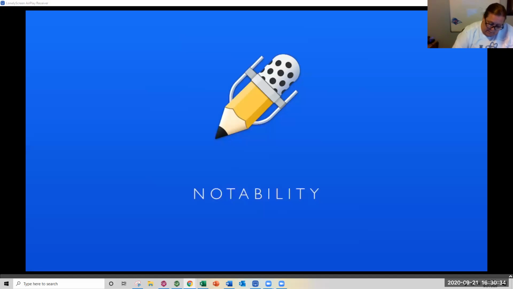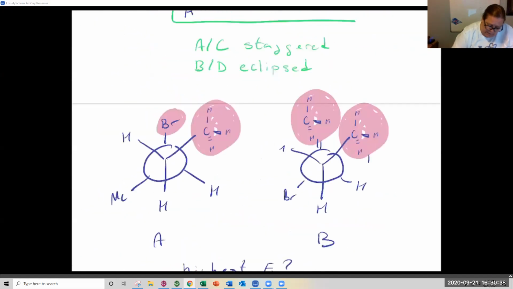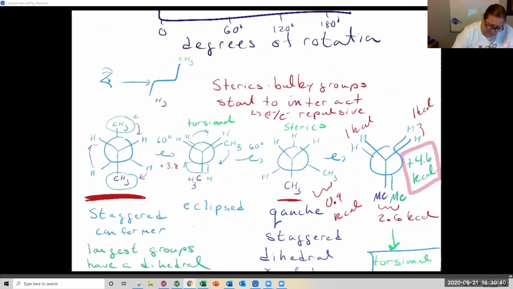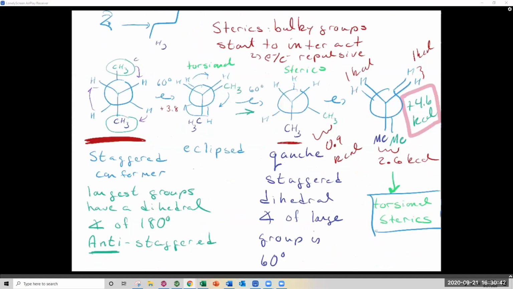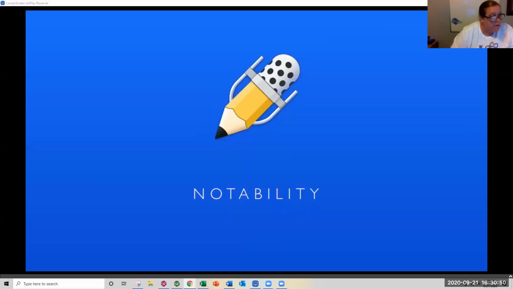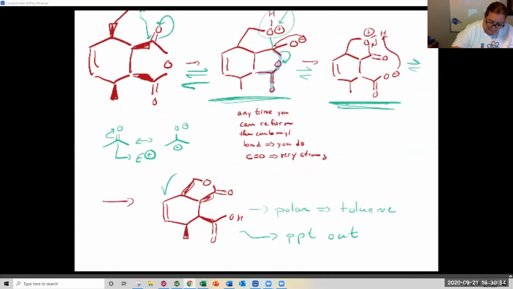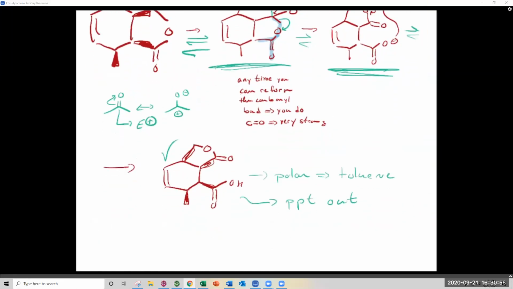I was actually just talking about this today in my Organic 1 class. When we talk about conformational analysis, theoretically, all of my conformers are in equilibrium with each other, right? Yes. Okay. All righty.